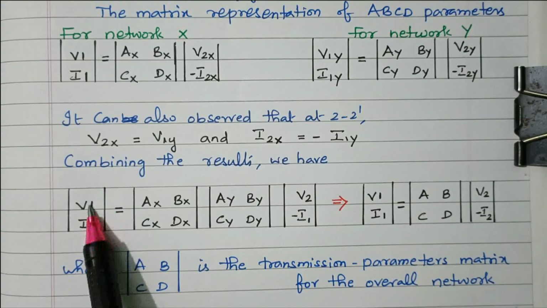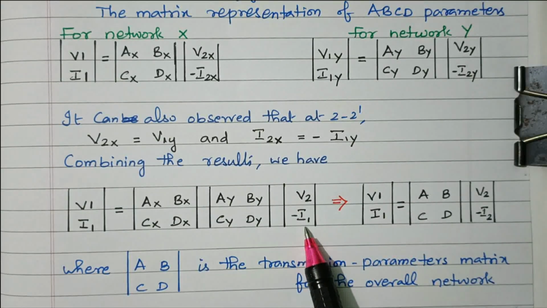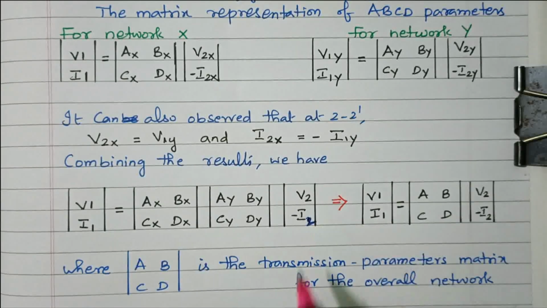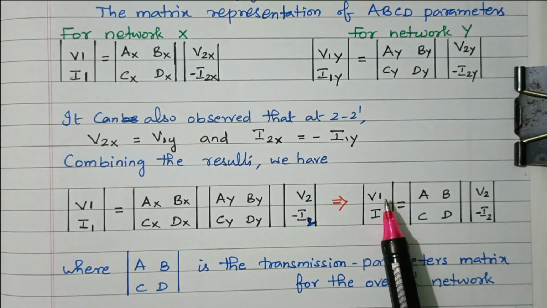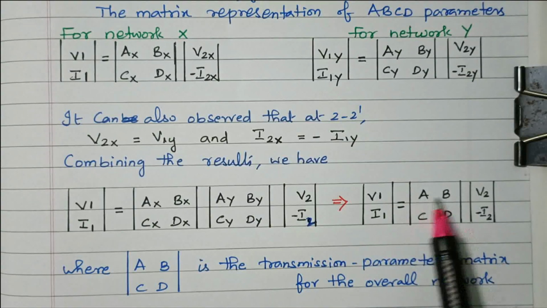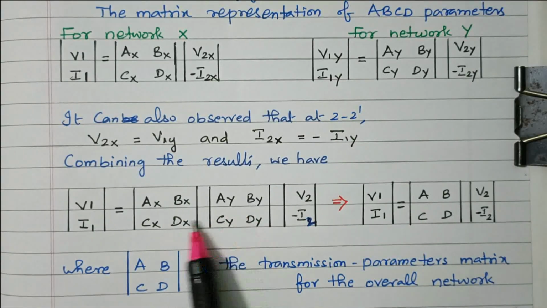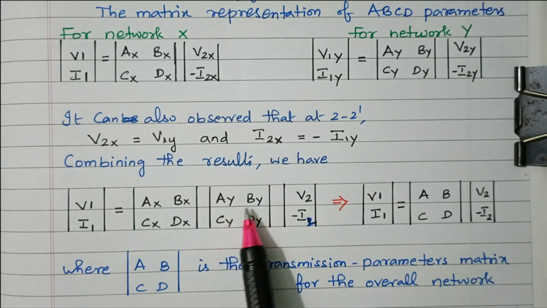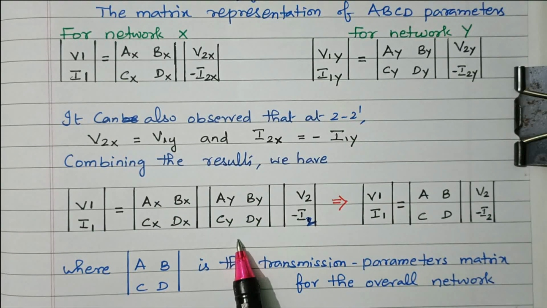So finally it is V1 I1 equal to the matrix product, and the output is V2, minus I2. This is nothing but multiplication of matrices: X network ABCD parameters times Y network ABCD parameters.